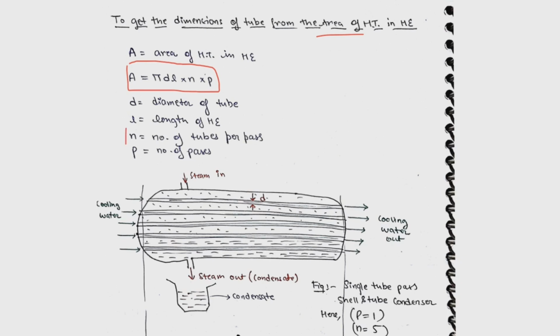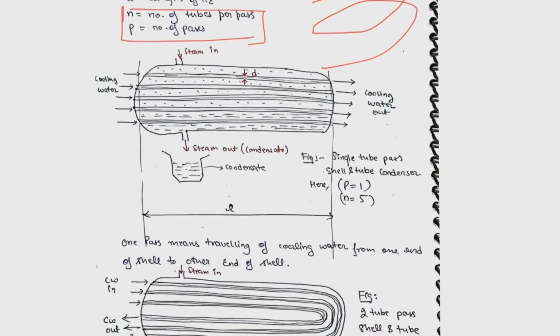Number of passes, one should be clear about number of tubes and number of passes. Number of tubes is nothing but the number of inlets or number of outlets. Number of passes is nothing but how many times the single inlet tube or single outlet tube is turned inside the heat exchanger. Let us see this.